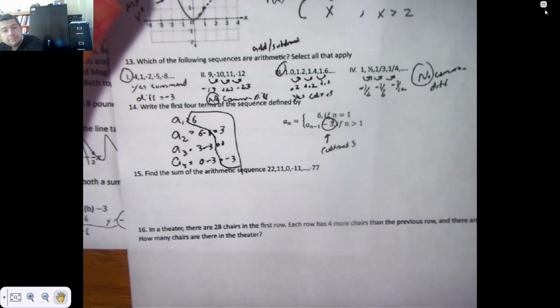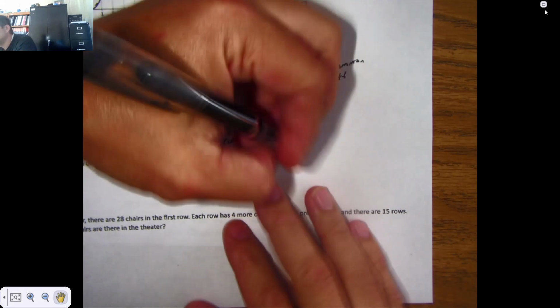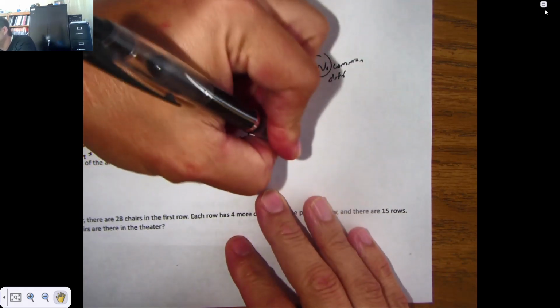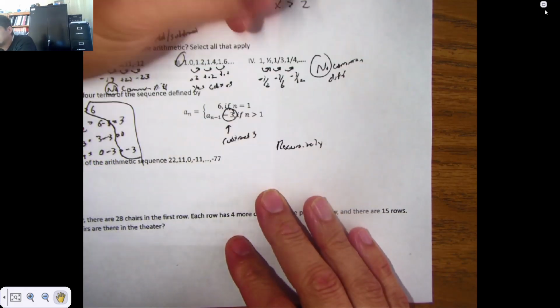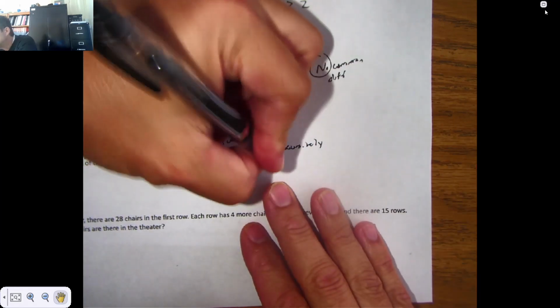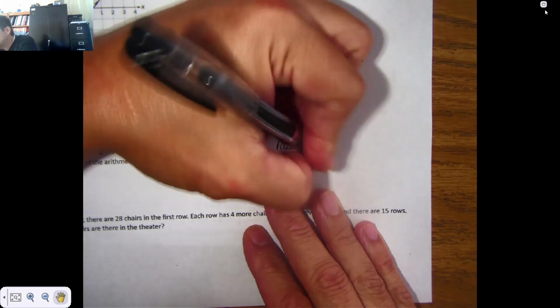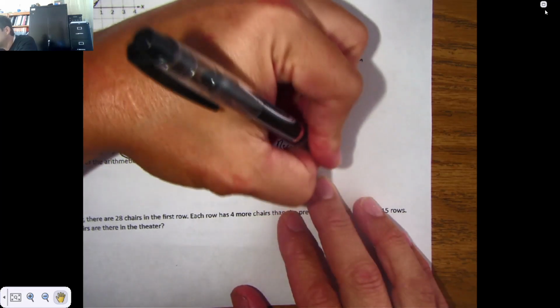Find the sum of the arithmetic sequence 22, 11, 0, negative 11, ... negative 77. Let's look at this recursively. Recursively, write out the whole thing. Looks like you're losing 11.